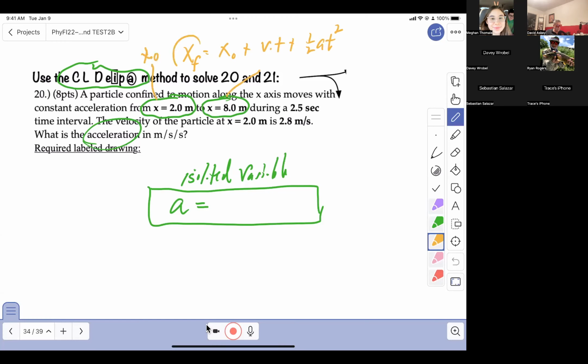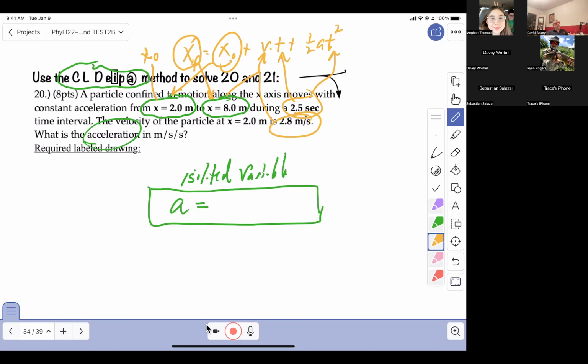X final is 8, X naught is 2, during 2.5 seconds, that's obviously the time. The velocity of the particle at 2 meters, there's my V naught. So I know my V naught now, and I know my time. I know everything but acceleration.